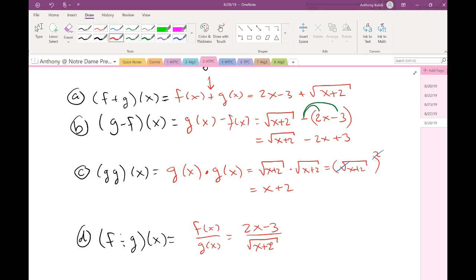Can I do any simplifying here? You could rationalize the denominator, multiply the top and bottom by square root of x plus 2. But does that really make it any simpler? Probably not. Let's leave it here.